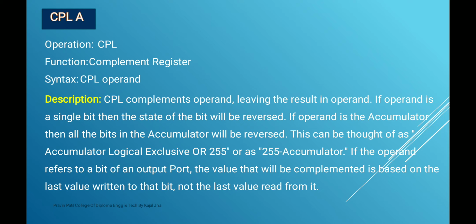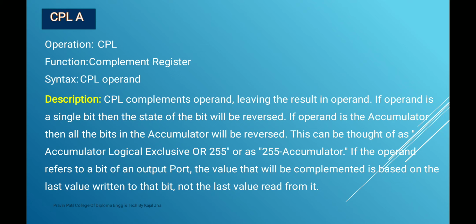If the accumulator contains 5CH, then after execution of the instruction CPL A, A stores the result A3H, which is the complement of 5CH. You know the NOT gate.